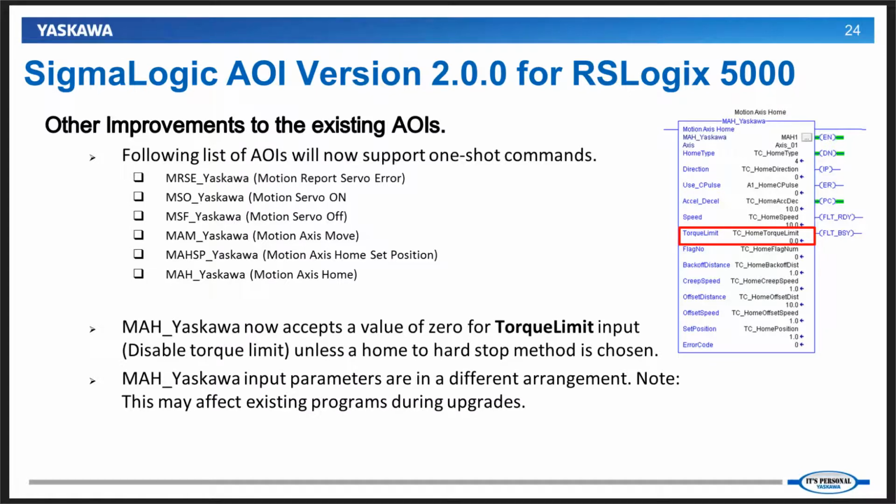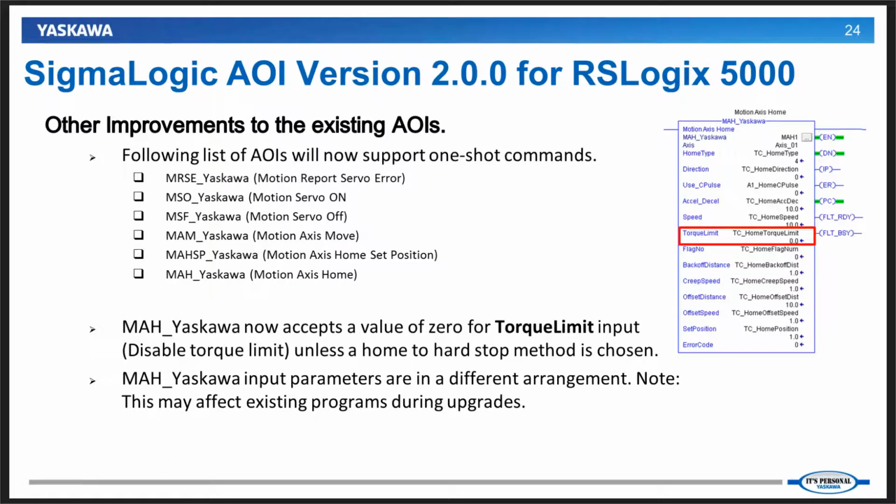One new thing that we added is we rearranged the input parameters slightly in order to be in conformance with the standards, and also for the homing sequence to be in order. So we have rearranged these input parameters on our MAH Yaskawa AOI.